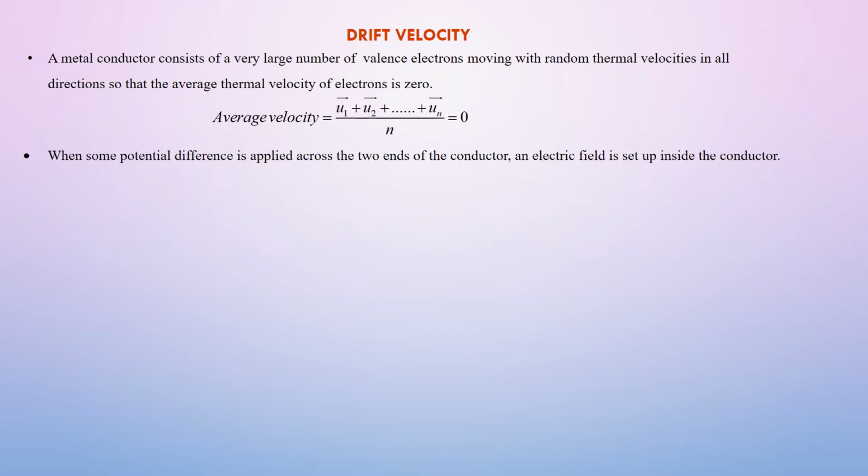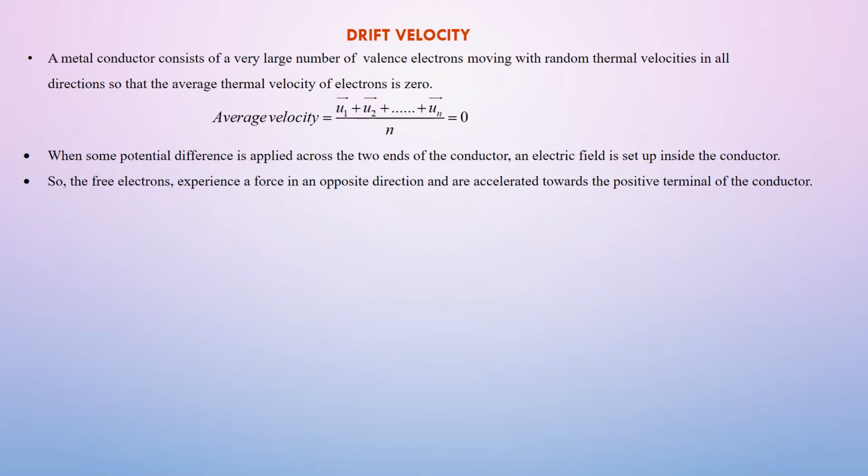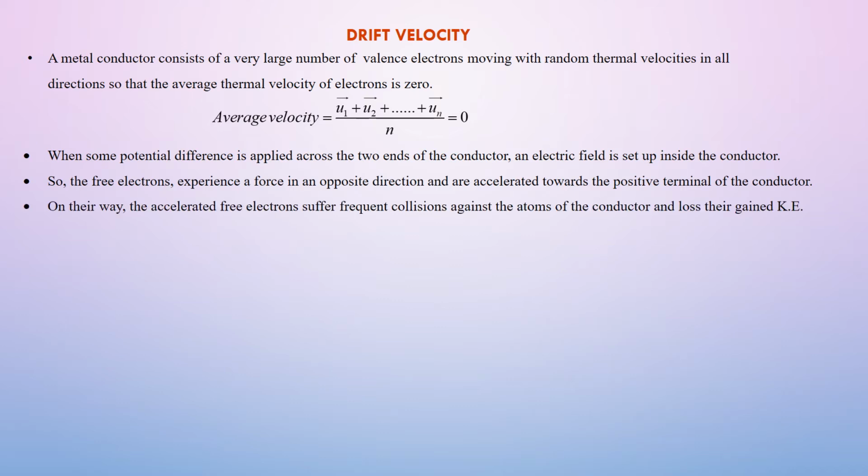Now, if we apply some potential difference between the ends of the conductor, an electric field is set up. Because of this, the electrons experience a force in the opposite direction and they are accelerated towards the positive terminal of the conductor.